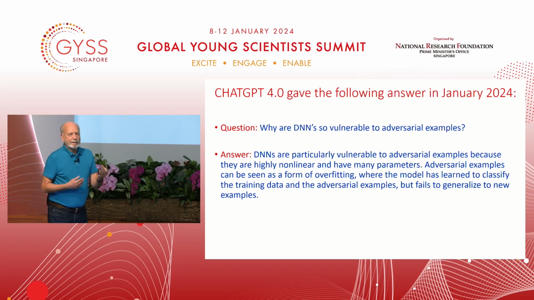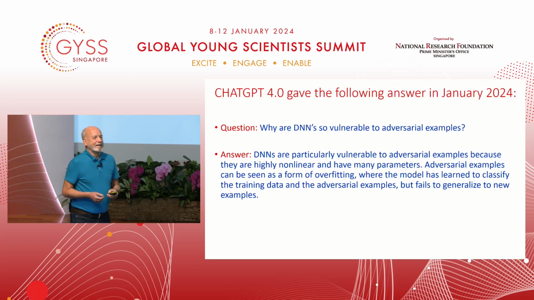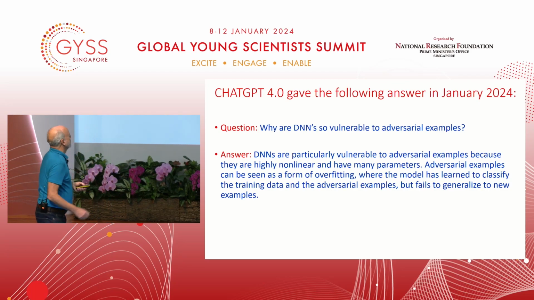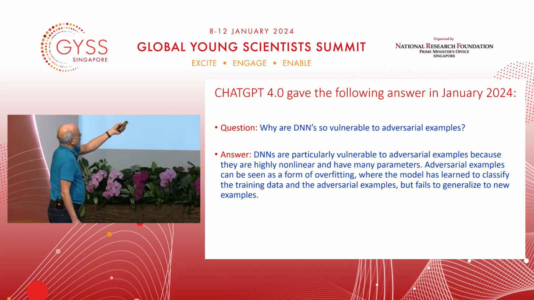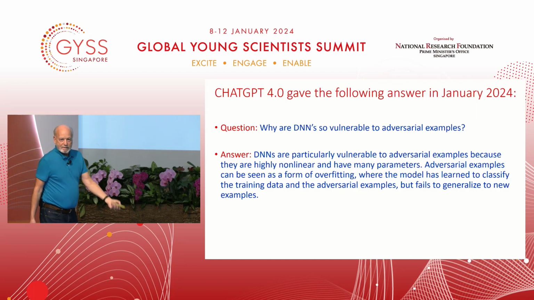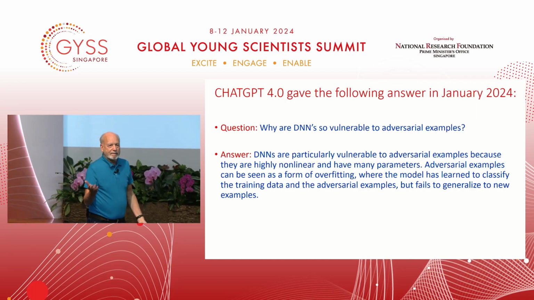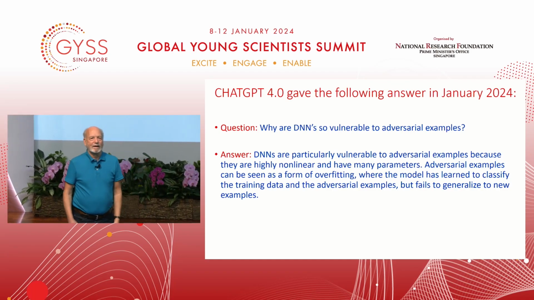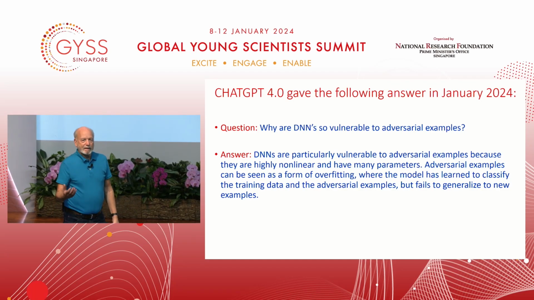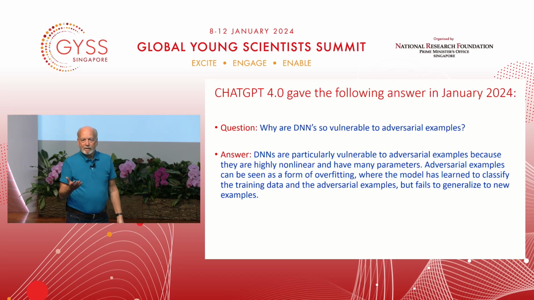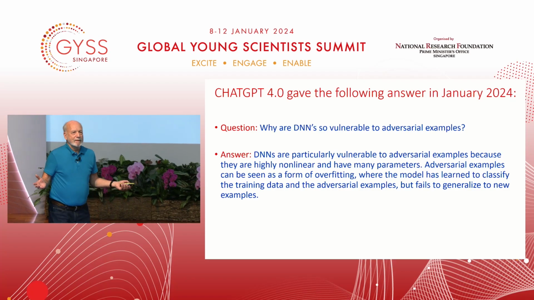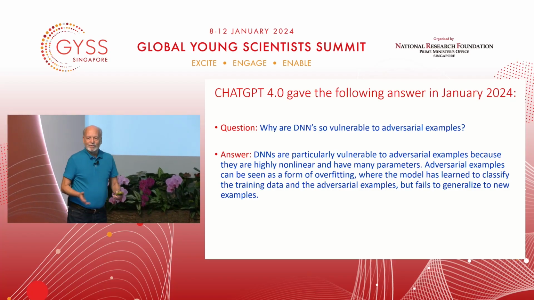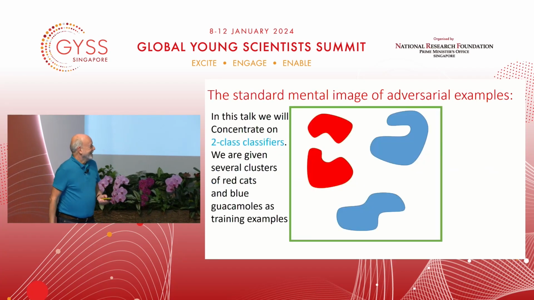It's an artifact and not something that it learned as part of the training process. And also it fails to generalize to new examples, again wrong, because every other cat or pig that had not been adversarially modified will be recognized correctly. So it does generalize very well, but it is still extremely sensitive to those small changes. So you all agree with me that even experts like ChatGPT don't understand the phenomenon.